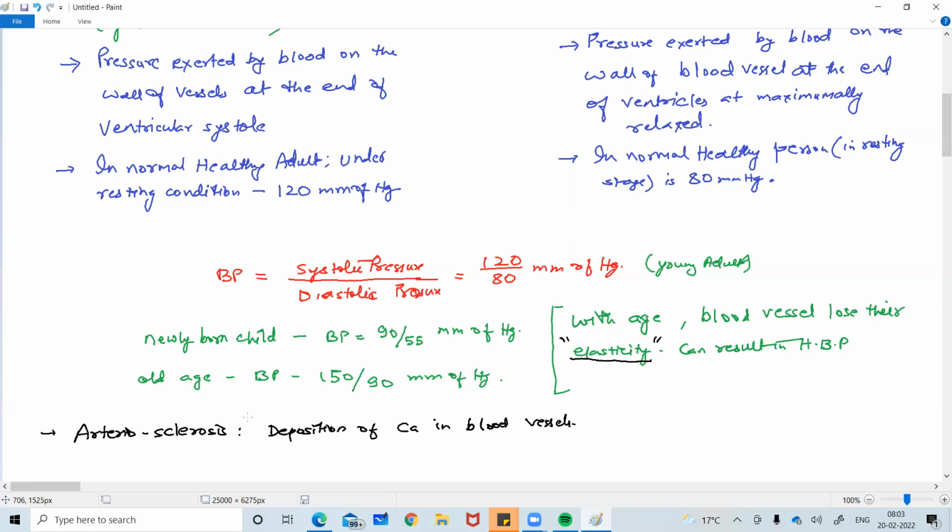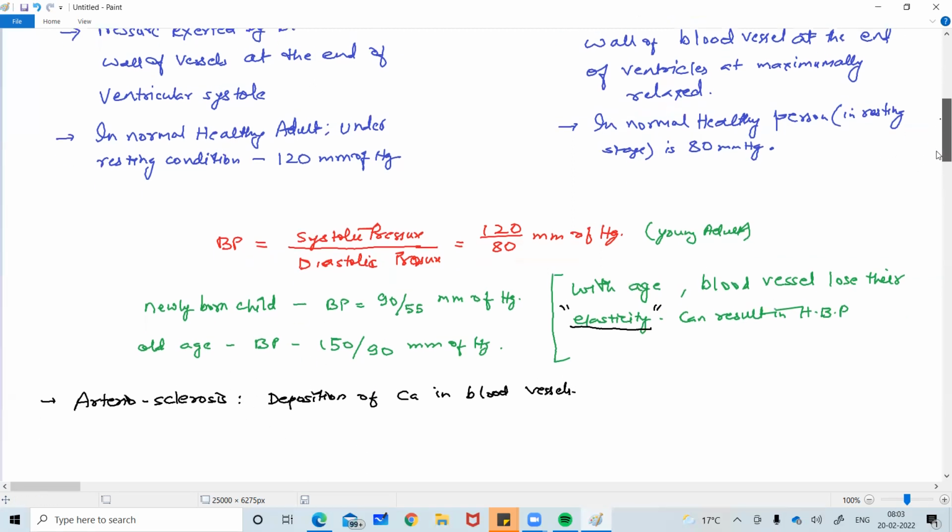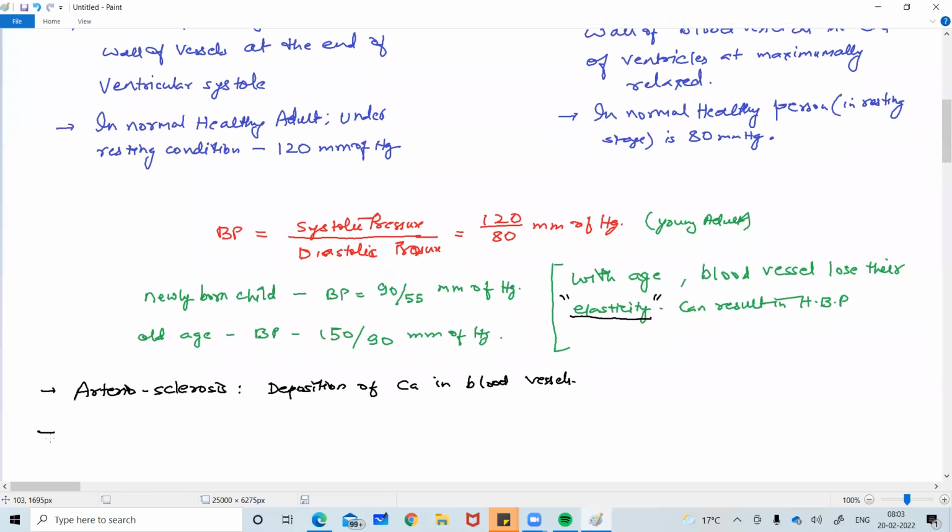So that is another factor which controls blood pressure. I'm writing here that viscosity of blood also increases with age.